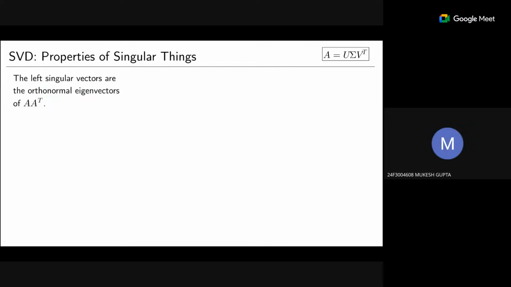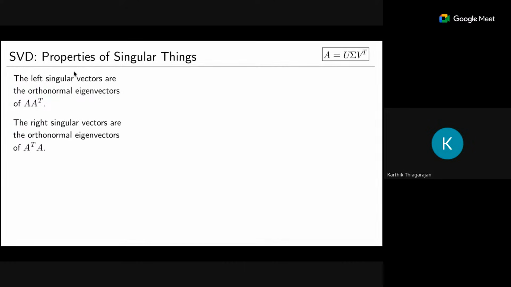Yes, they are related, but what I'm asking is: the right singular vectors are the orthonormal eigenvectors of A transpose A. So this is the connection. On the left you have eigenvectors of AA transpose. On the right you have the eigenvectors of A transpose A. Okay, this is the connection.